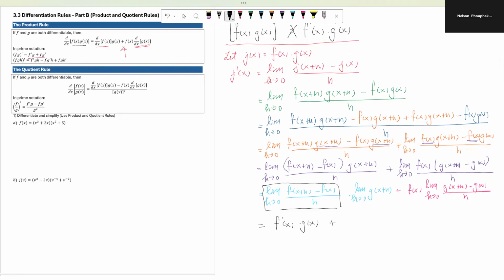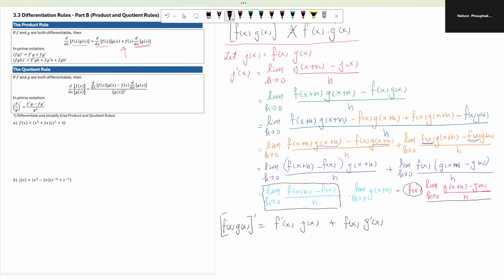Plus, here I have f of x, and this one again will be my g prime of x. So therefore, we find that the derivative of f of x times g of x is equal to f prime of x times g of x plus f of x times g prime of x.